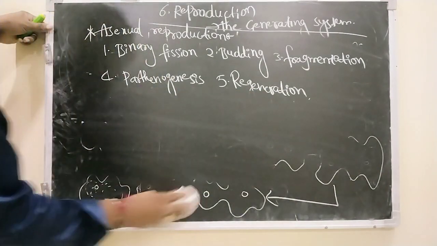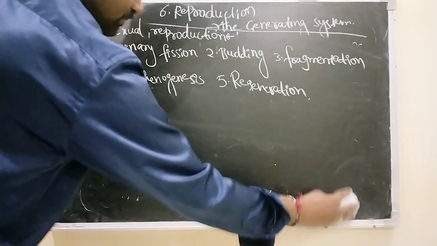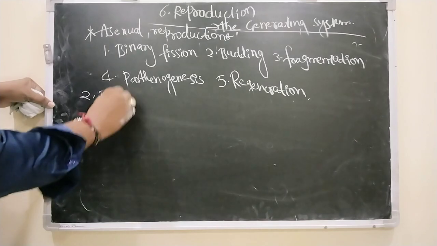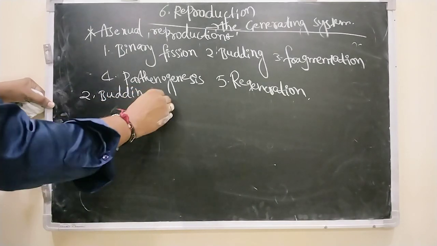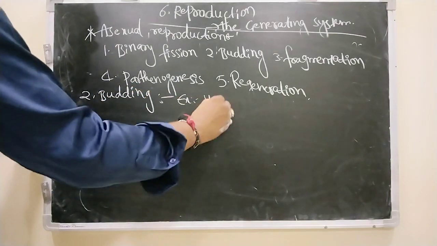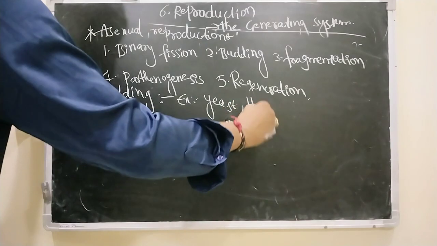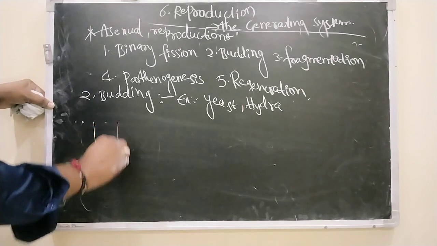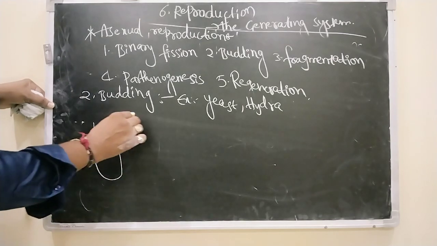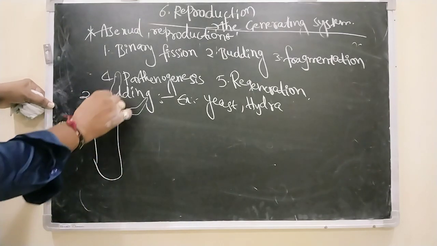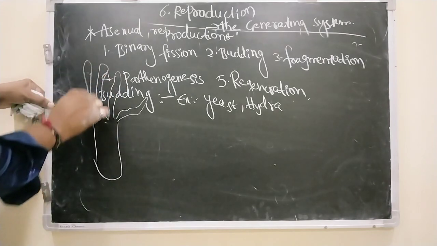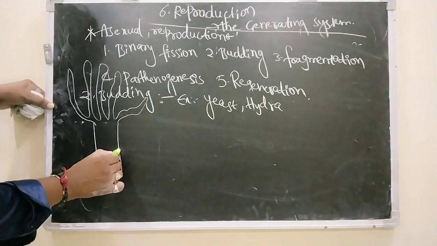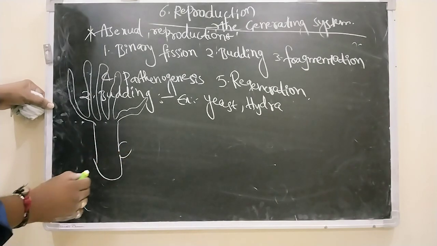Next, second one, budding. Examples for budding are yeast, hydra, and other organisms. For example, hydra moves from one place to another through structures called tentacles. Later, a small growth appears on its body surface.